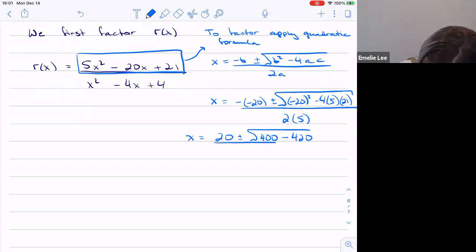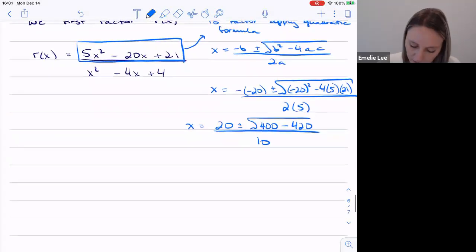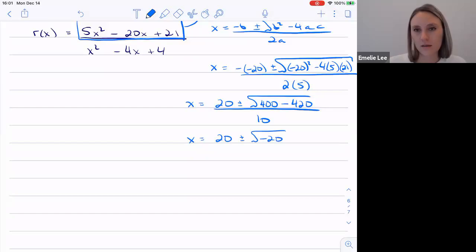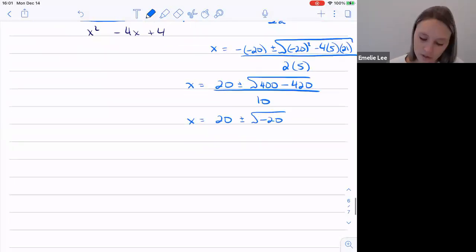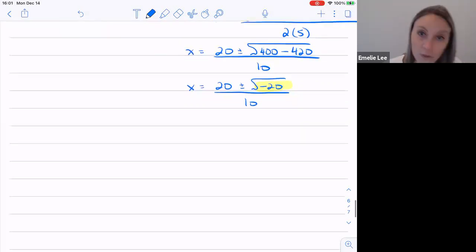That is bad news bears, isn't it? It's okay, it can happen, and that's why I put it on here. So x is 20 plus or minus the square root of negative 20. Because we're not dealing with complex numbers, it doesn't exist. We can't take the square root of a negative.